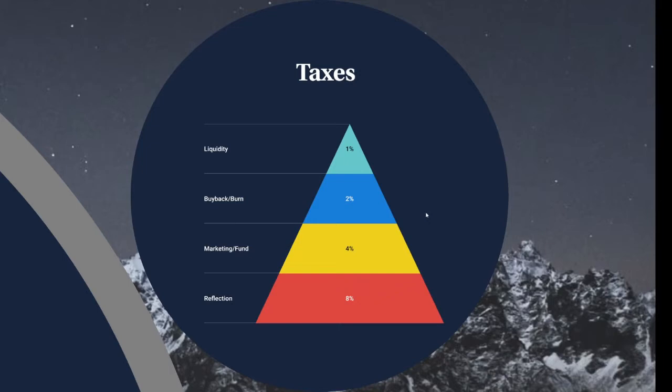8% of the tax is used for BUSD reflections. This means that our contract is collecting 8% of every buy and every sell in tokens. It collects the tokens until a certain threshold in our current contract. The threshold right now is 150 billion tokens collected.